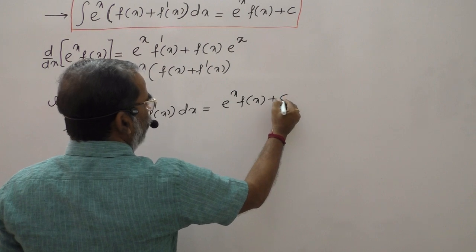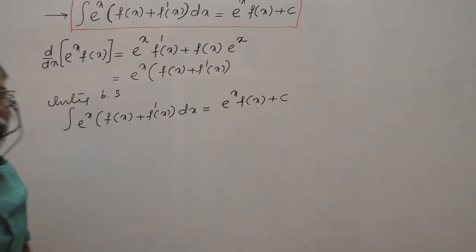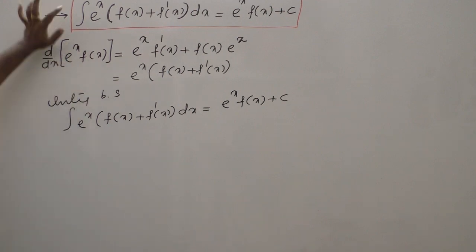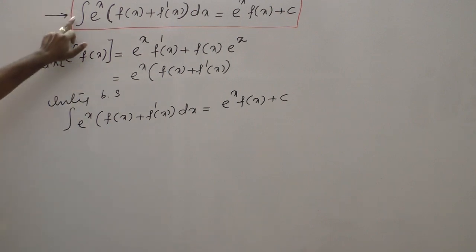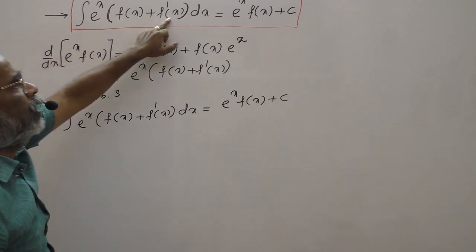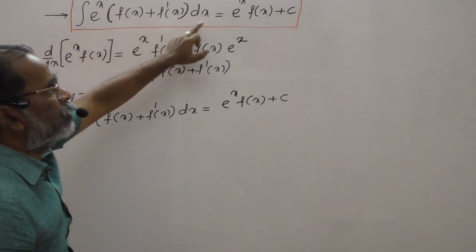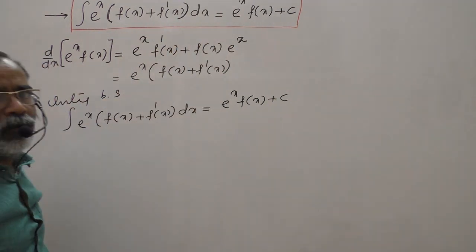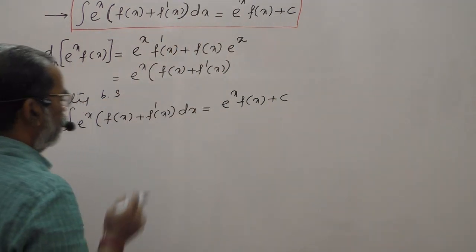Since we have performed integration, an arbitrary constant will be there. That's what this formula says: integral e power x into f of x plus f dash x dx is e power x into f of x.